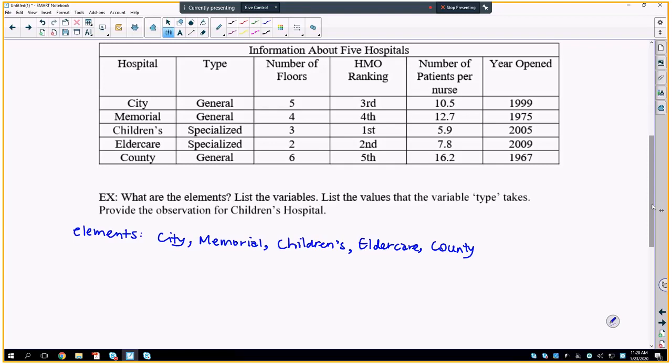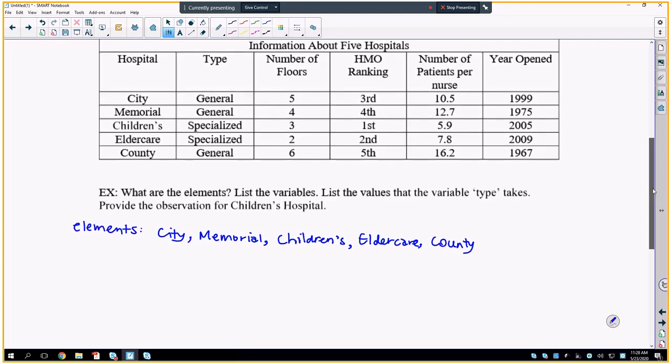Then it asks us to list the variables. So let's do that.